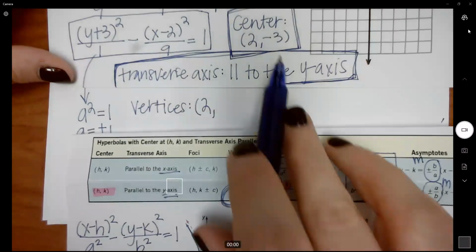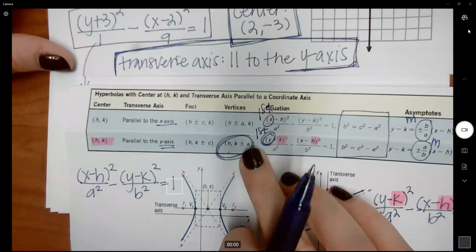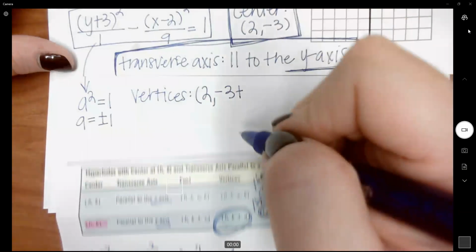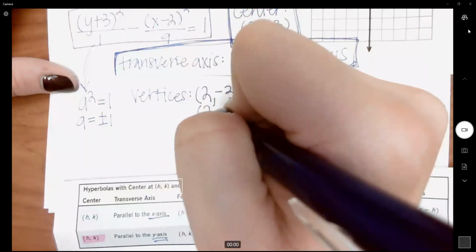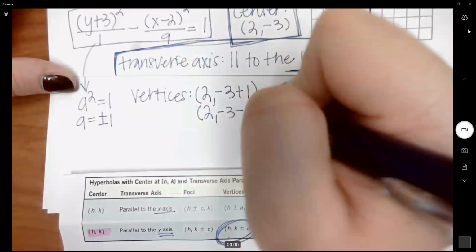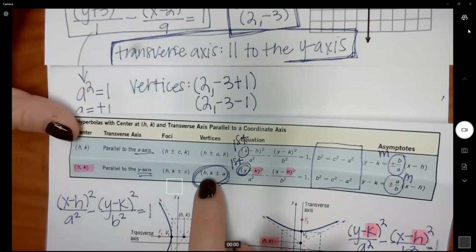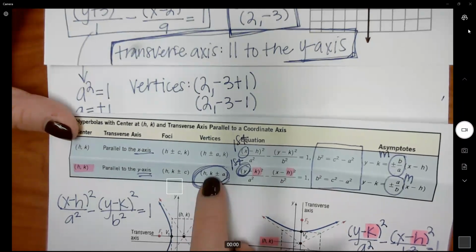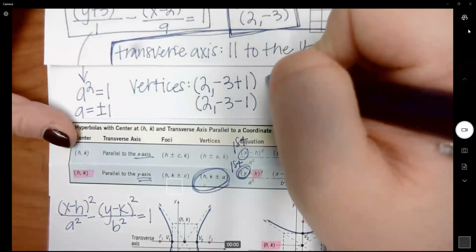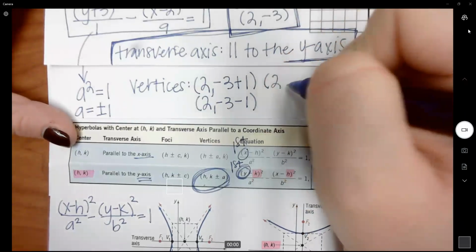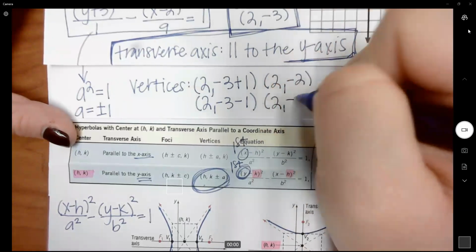And then it is k, which is -3, and then plus or minus a. So (2, -3 plus a) and (2, -3 minus a). Okay, h stays the same, then k plus a and k minus a. So that means my vertices are (2, -2) and (2, -4).